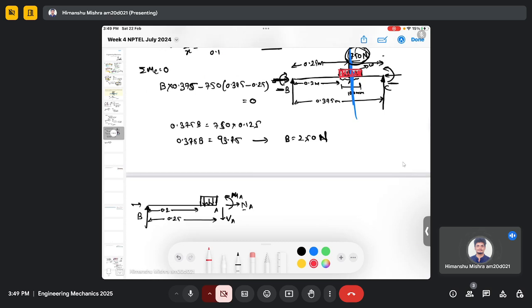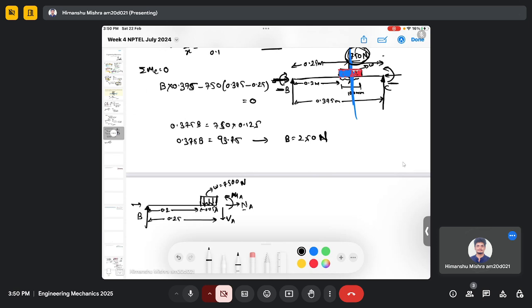So its equivalent point load will be different because we have considered only this part of the uniformly distributed load. So here the W was 7500 Newton, and this distance is 50 millimeter, which is 0.05.